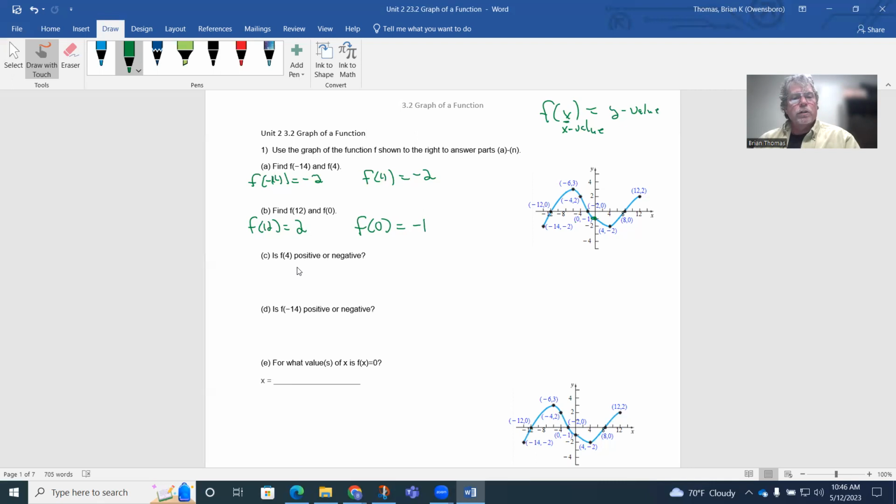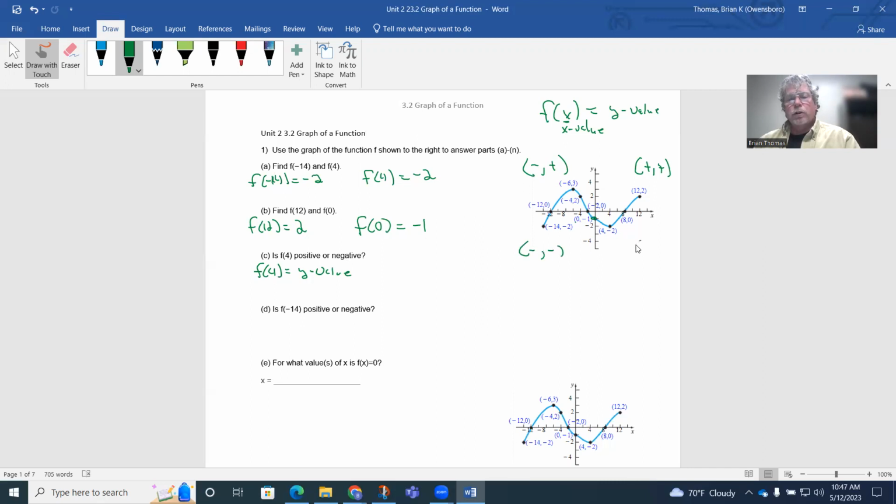So next question is, is f of 4 positive or negative? One thing to pick up on is, remember, f of 4 is going to represent the y value. So remember, if we're talking about a graph, in the first quadrant, the x value is positive and the y value is positive. In the second quadrant, the x value is negative and the y value is positive. In the third quadrant, the x value is negative, the y value is negative.